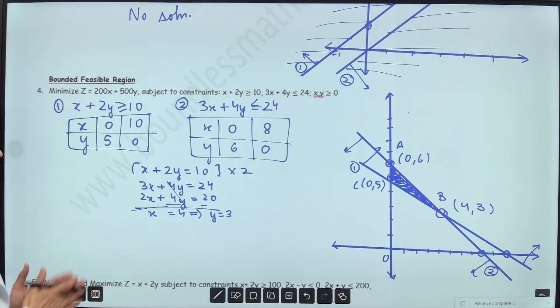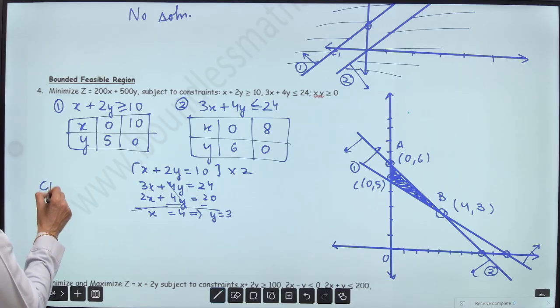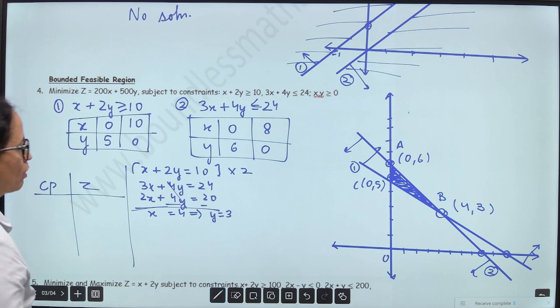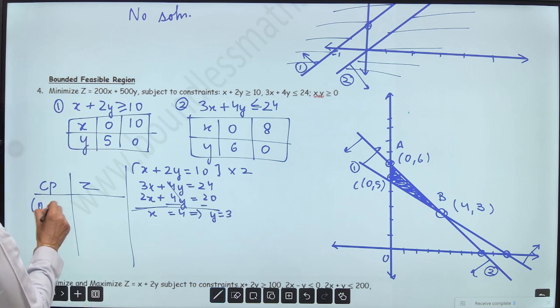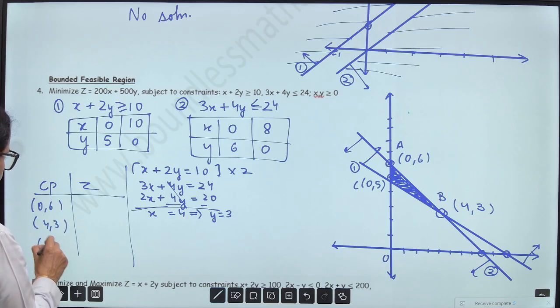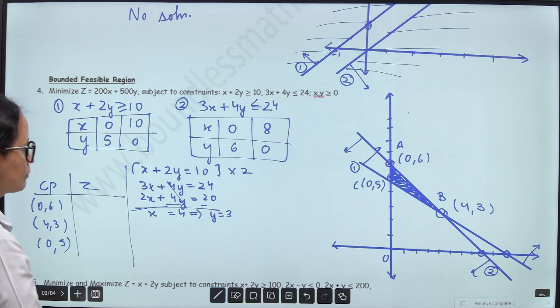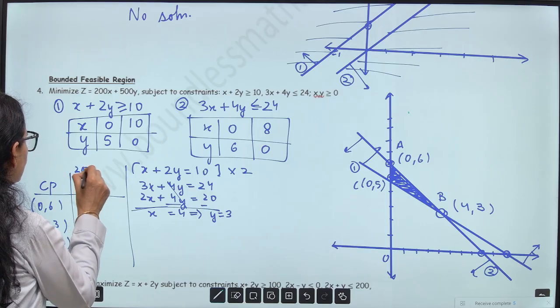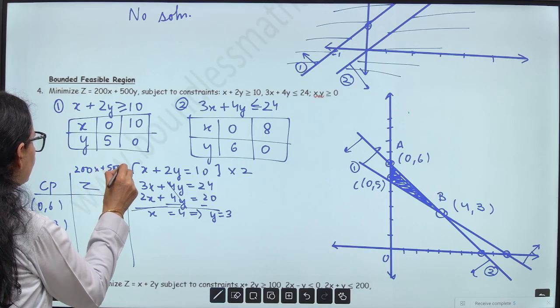Now once I have the graph, I have the feasible region, I have all the corner points, I need to make a table where I find the value of the optimized function at each of these corner points. So the first corner point is 0, 6, next it is 4, 3, next it is 0, 5. Okay, so the objective function is 200x plus 500y.